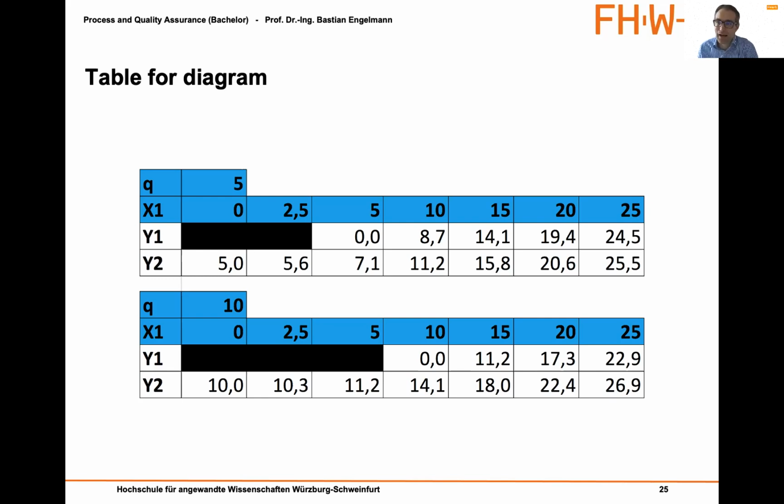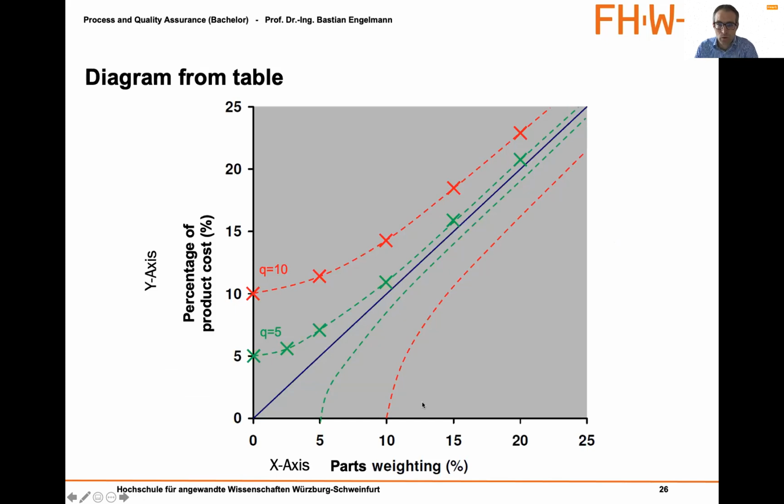And I mentioned already that we draw a target cost control diagram. And when you draw the diagram on your own, then when you take the values from this table, then here the crosses are standing for the values from the table. And here the red crosses stand for the table with Q equals to 10. And here the values stand for Q equals to 5.